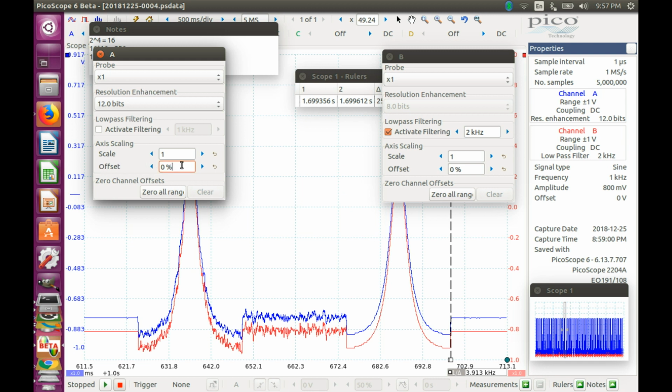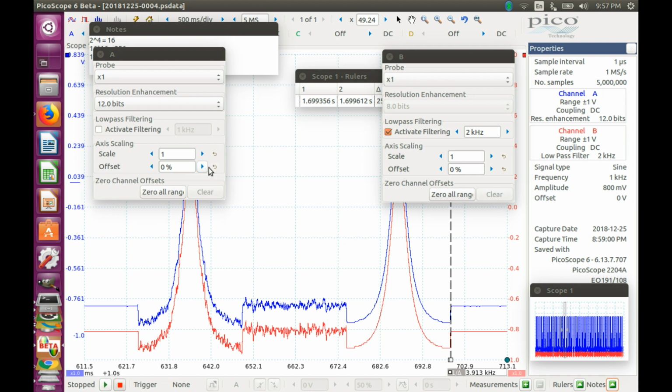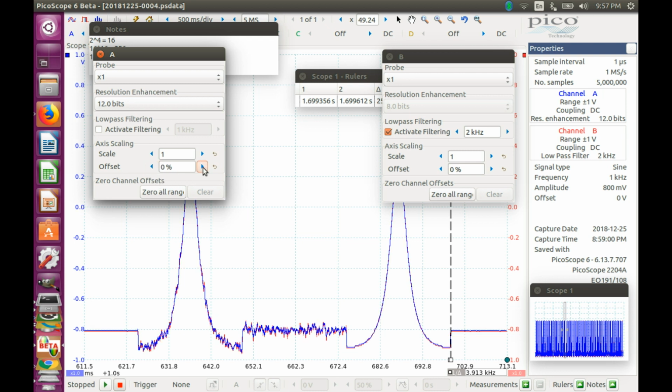Okay, it doesn't want to do that. That's too bad. Picoscope has some issues, not that many, but it does. Ouch. Oh well. Alright, here we go.